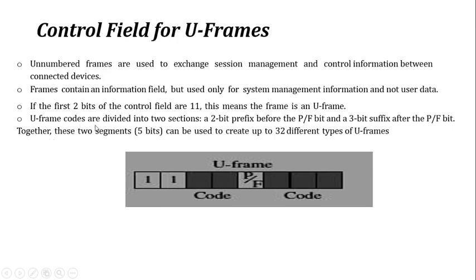U frame codes are divided into 2 sections: a 2-bit prefix before the P/F bit and a 3-bit suffix after the P/F bit. Together, these 2 segments, 5 bits, can be used to create up to 32 different types of U frames. So you can see here 1, 1, followed by code, P/F, followed by 3 code bits. So this is for U frame.